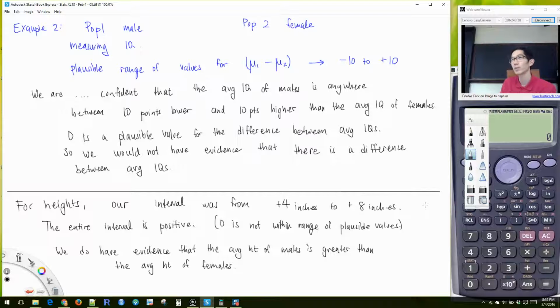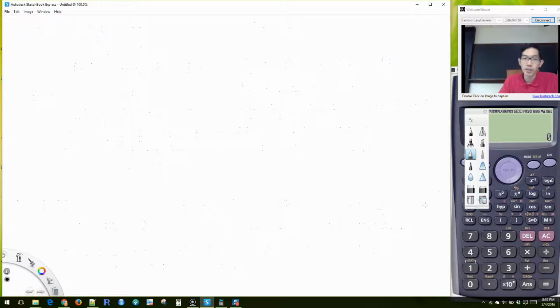Are we feeling okay with the interpretations here? Okay, so then I'll show you the formula for calculating this, which is just a tiny bit more complex. So, all right, just recall for mu, the confidence interval is y bar plus or minus t star times s over the square root of n.